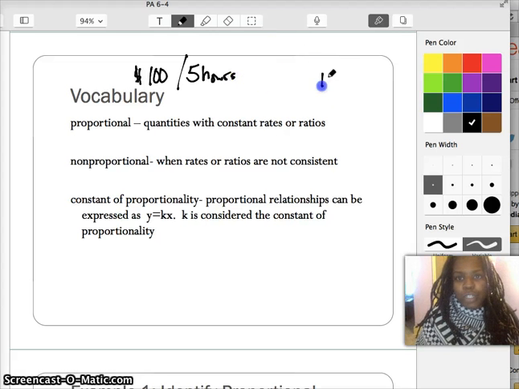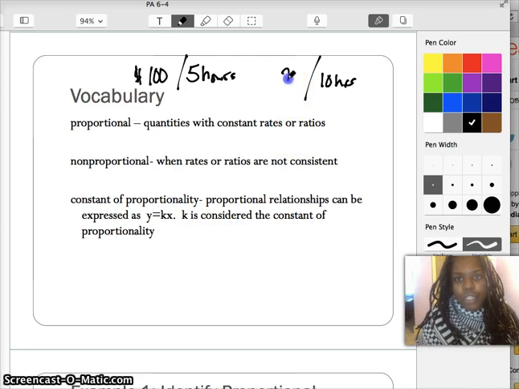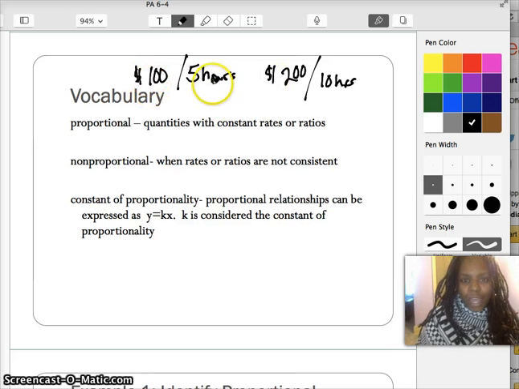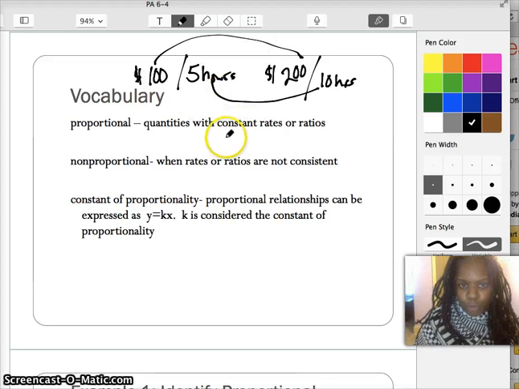If you were to work 10 hours, how much do you expect to get paid? Hopefully $200, because that would be proportional. As this doubles, the same rate of increase happens for the top and the bottom of your proportion.